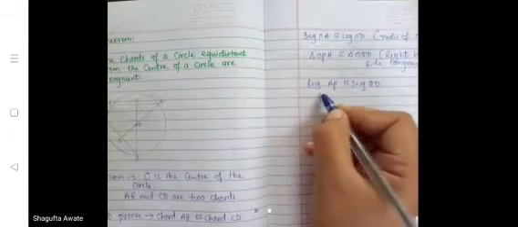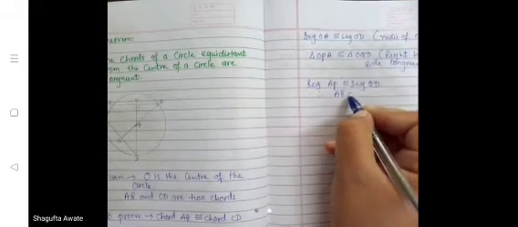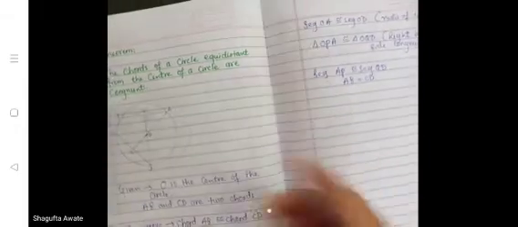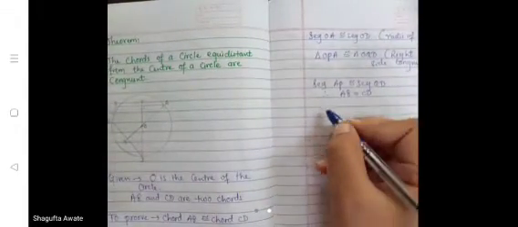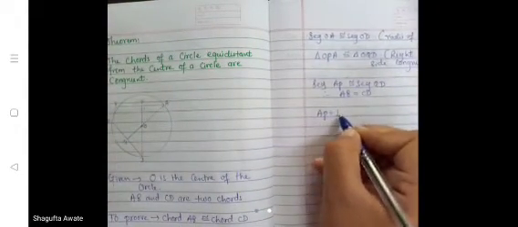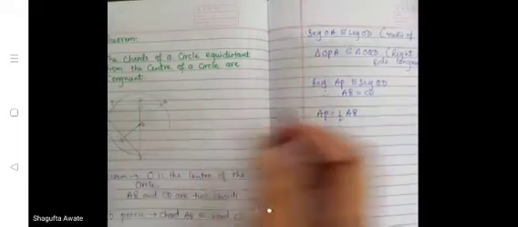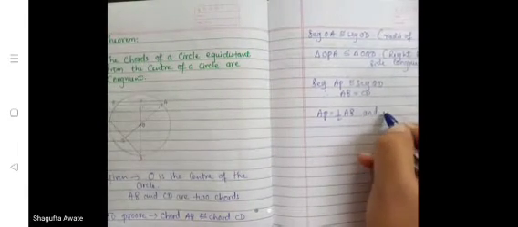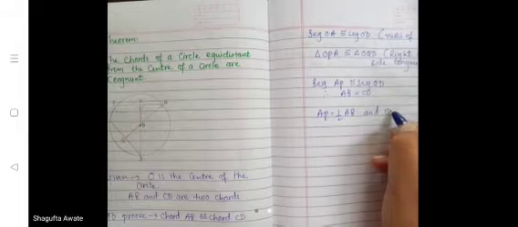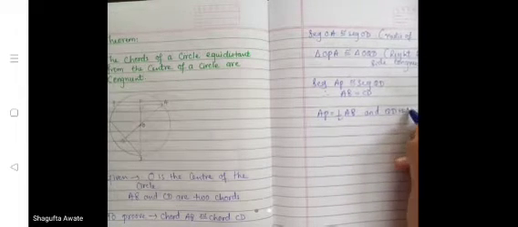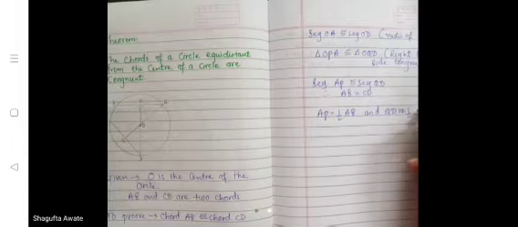So therefore we can say AB is equal to CD, because AP is half the length of AB, and QD is half the length of CD.